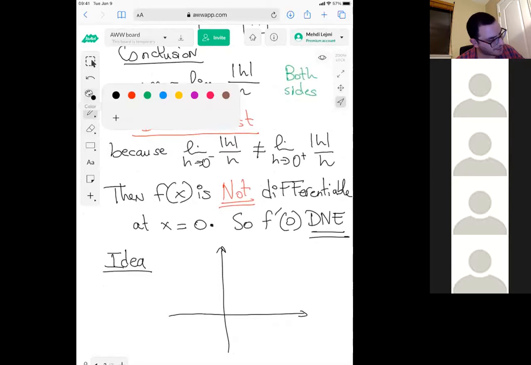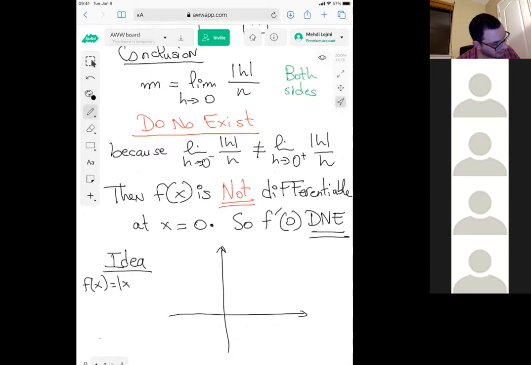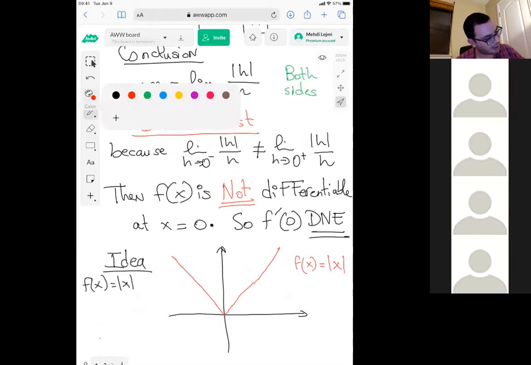My f of x is supposed to be the absolute value of x, right? So you have a straight line here and then another straight line here. So this is supposed to be the absolute value of x. All right, and here's my a. a is 0.